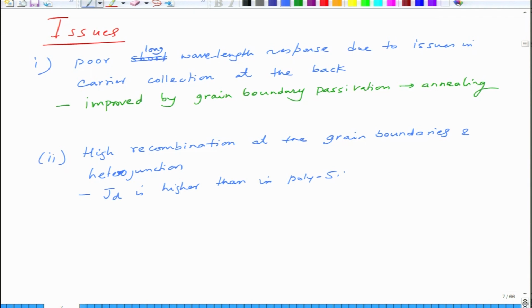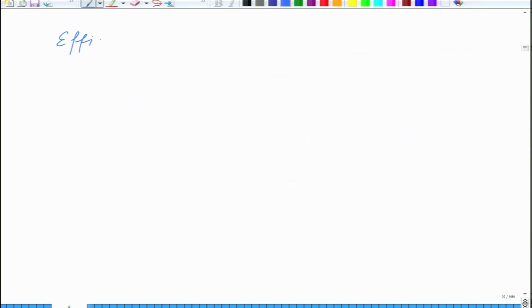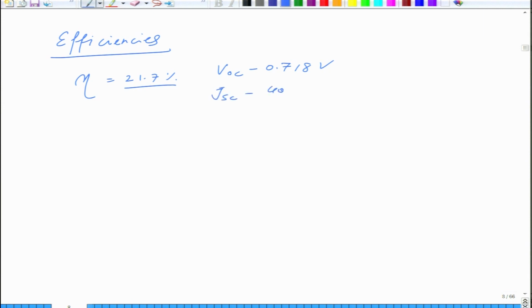So, these are certain issues in these solar cells, and so as I said, the efficiencies of these solar cells have increased to 21.7% approximately, with a VOC of nearly 0.718 volt and JSC of nearly 40.7 milliamps per centimeter square.